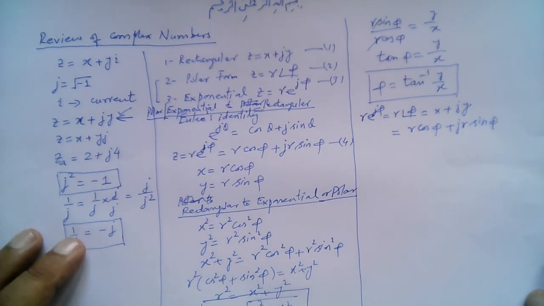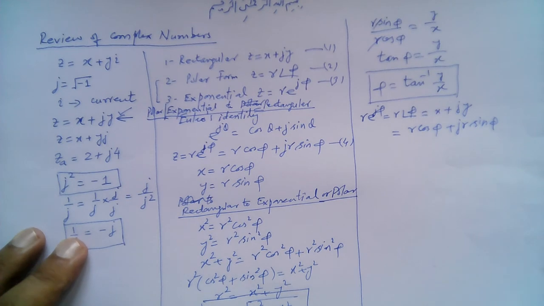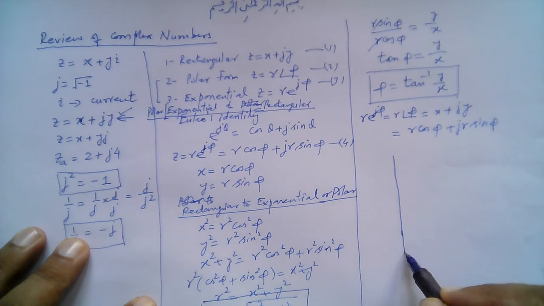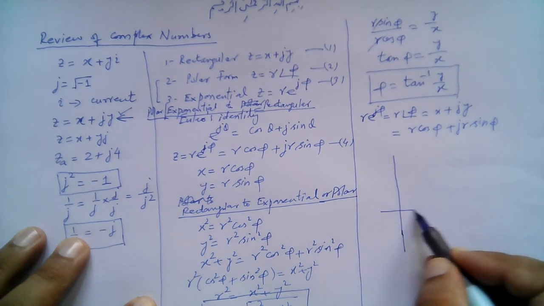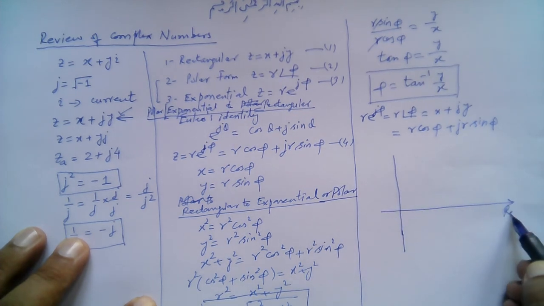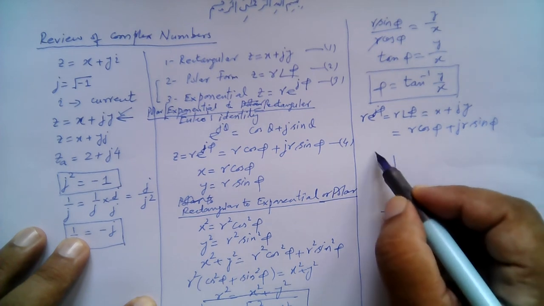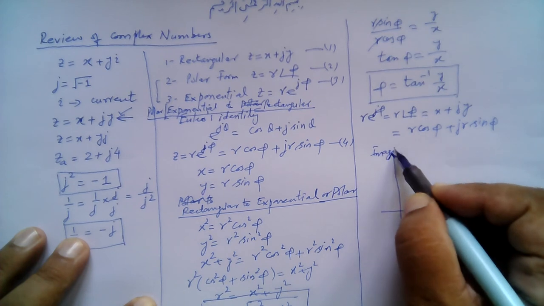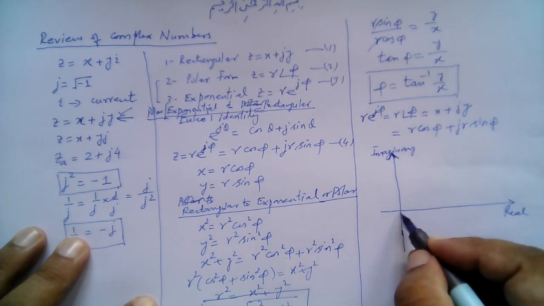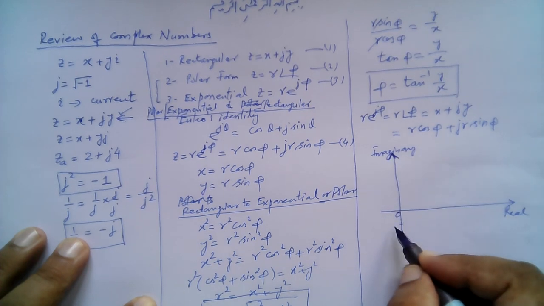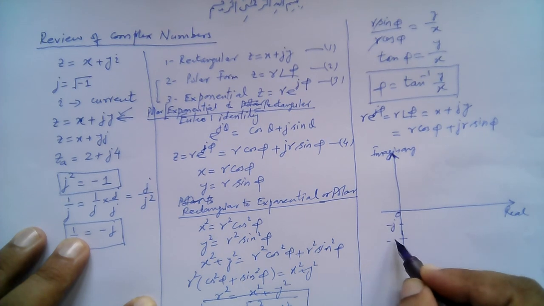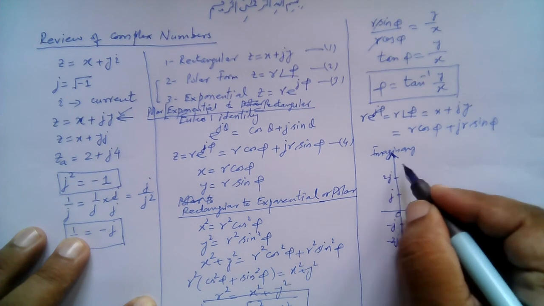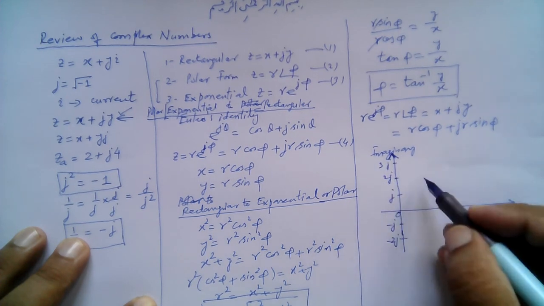This can also be expressed graphically. For example, take this as the real axis and this as the imaginary axis. We have the origin here. For example, this is minus j, minus 2j, this is j, this is 2j and 3j and 4j, and so on.